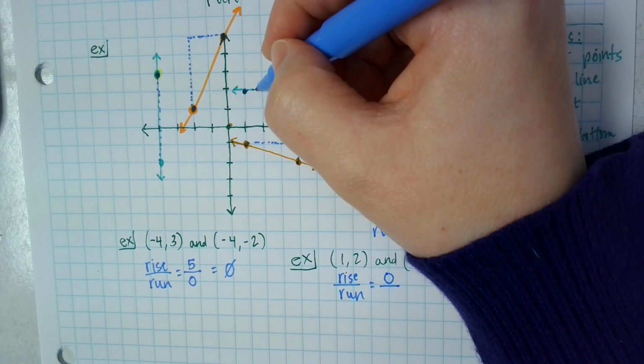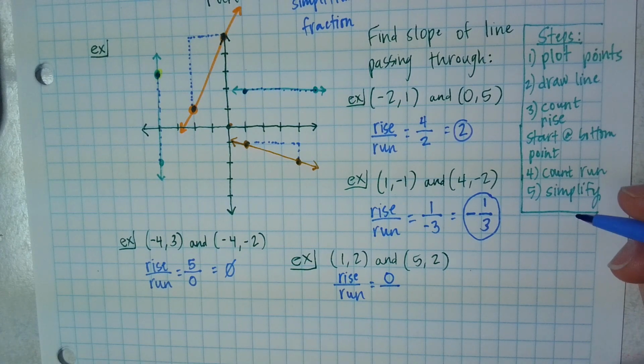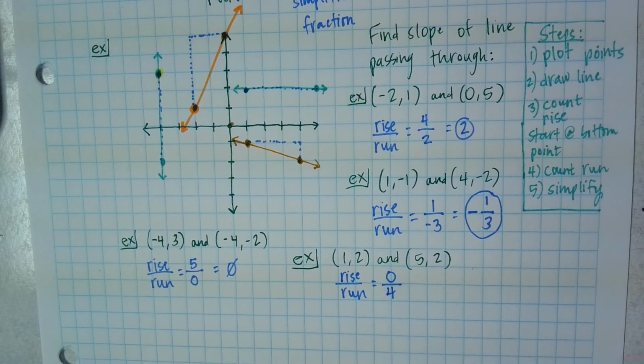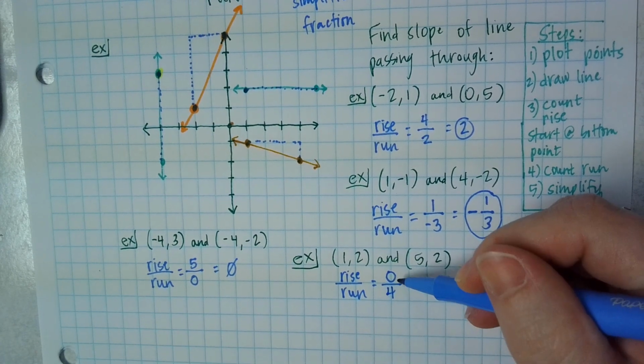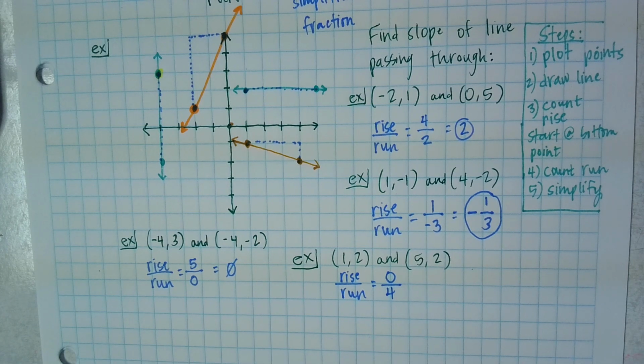I'm going to run 1, 2, 3, 4. So what's my run if I went right 4? Positive 4, because I went right 4. And then 0 divided by 4 is possible. I have no cookies divided by my 4 friends. How many cookies does each friend get? None.